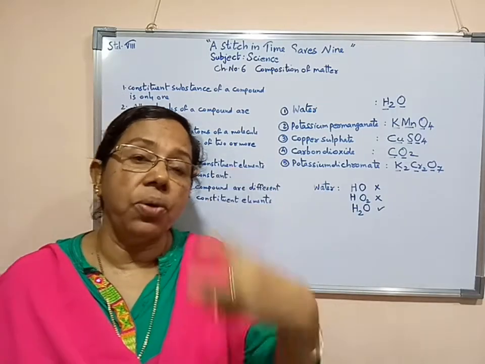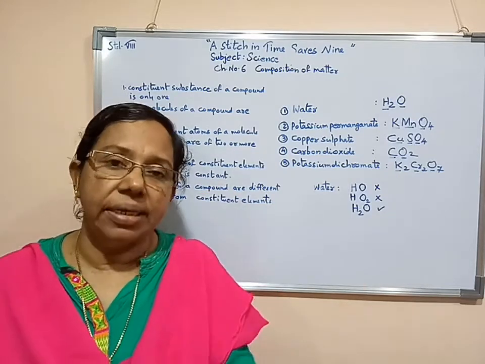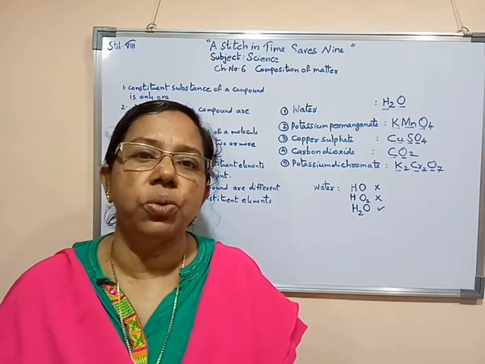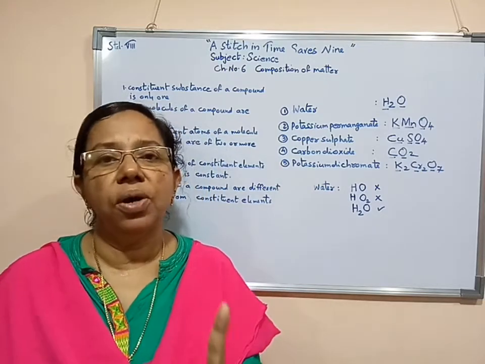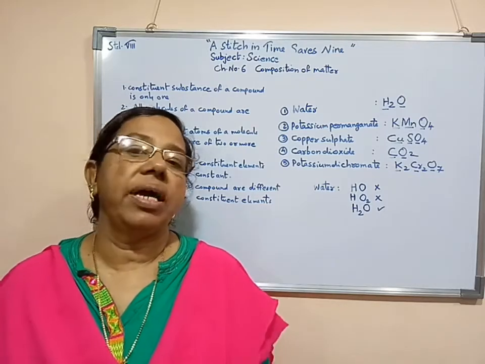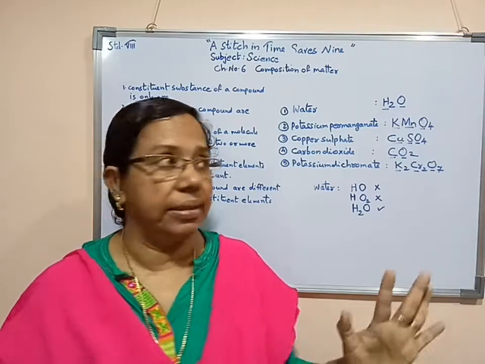So for a water molecule, anywhere you go, any part of the world, if you ask its molecular formula, you will get the answer H2O. That means one molecule of water contains two atoms of hydrogen and one atom of oxygen; that is constant, that is fixed.